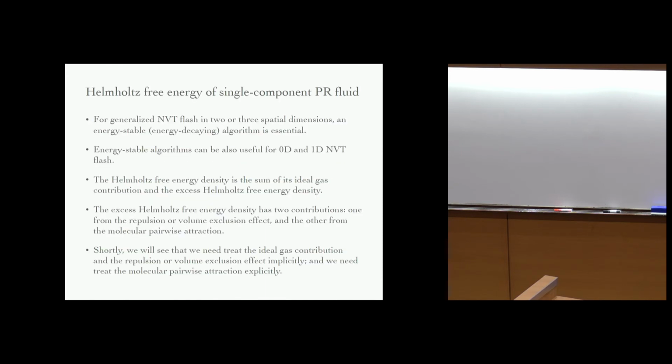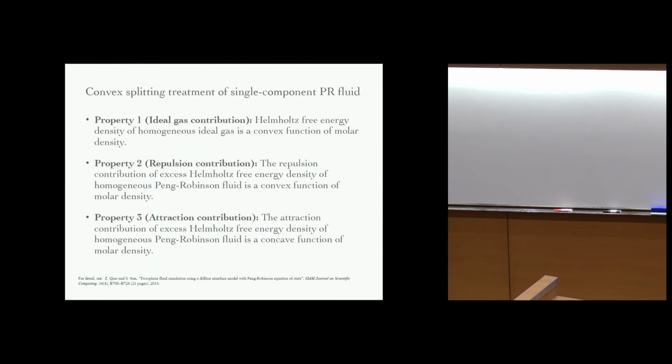So what we did for a single component Peng-Robinson, we figured out a way to decouple, to split the Peng-Robinson equation of state into an unconditionally stable algorithm. And this is the main conclusion of this splitting. It has three contributions for the Peng-Robinson equation of state.